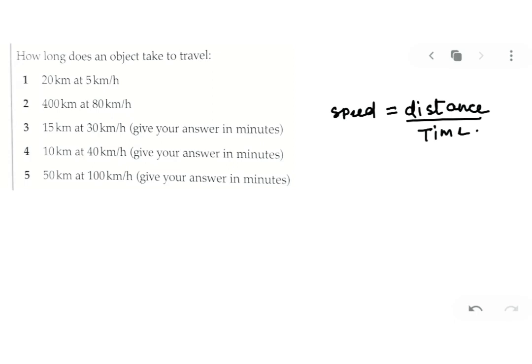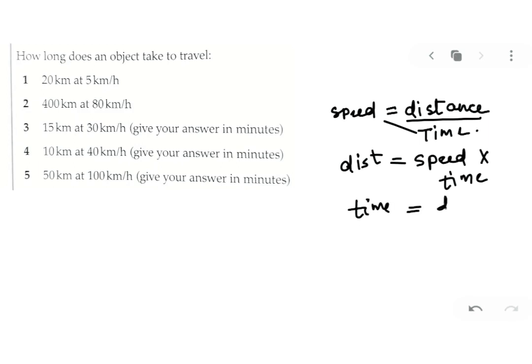Got my point clear? So now if I ask you what is distance, distance will be cross multiply and you will get speed into time. And what is time? Time is equal to distance upon speed.